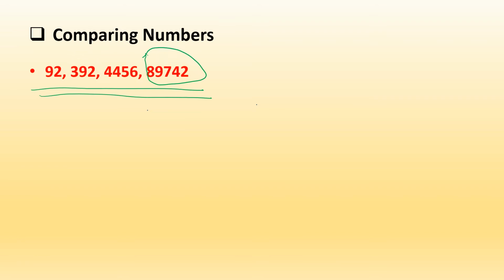Now let me move on to the next. If you are asked to compare numbers with an equal number of digits, how do you do that? All of you, just think for a while.